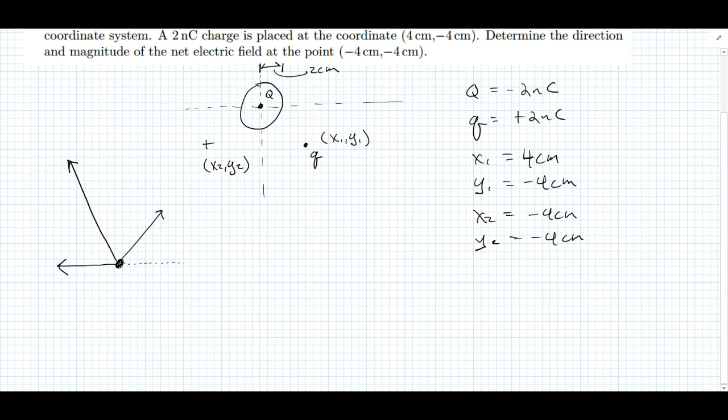The field here is actually going to be fairly straightforward because I already know that it points in the negative x direction, but this field does not point in the x or y direction. It points in both, and so what I do need to do is figure out what some angle is. I'll try to figure out what this angle is. That's the angle with respect to the positive x-axis. So I'm going to try to figure out what those two vectors are first, and then I'm going to add those two vectors together.